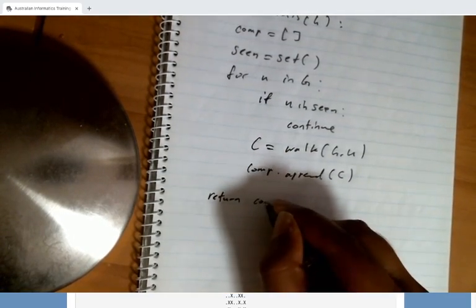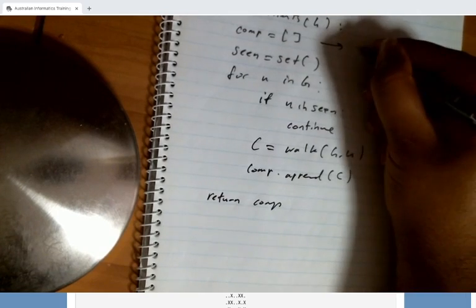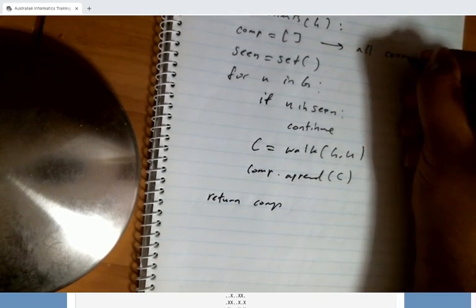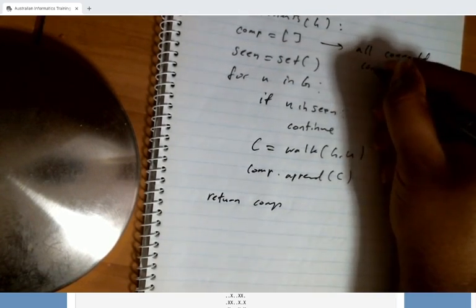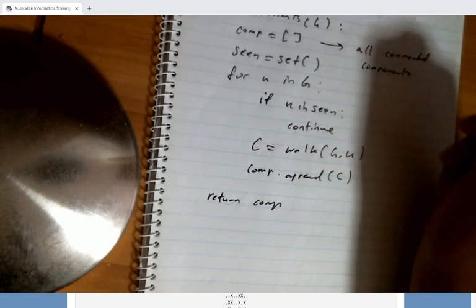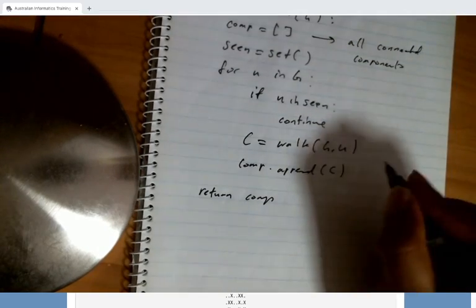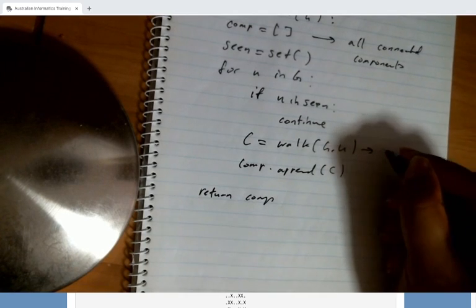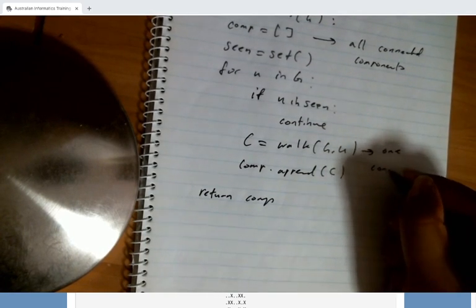Comp is storing all connected components, whereas C is storing just one connected component.